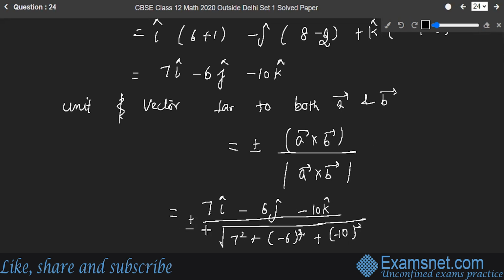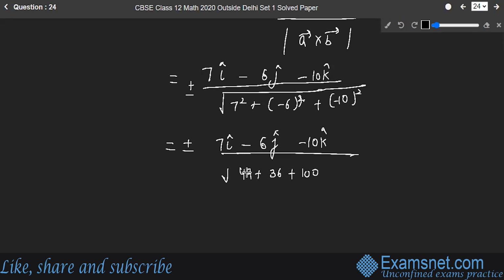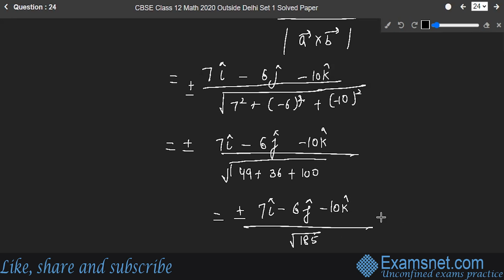Here is plus minus, right? That's root of 49, 36, and 100. So this is plus minus 7i minus 6j minus 10k whole divided by root of 185. This is the answer to the question. Hope you got that. Then let's move to the next question.